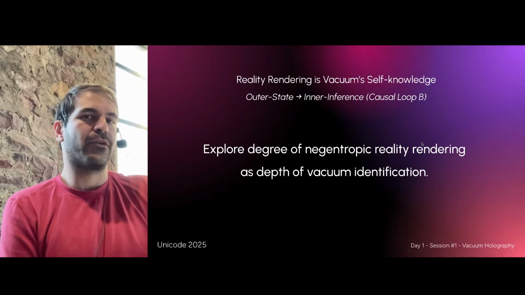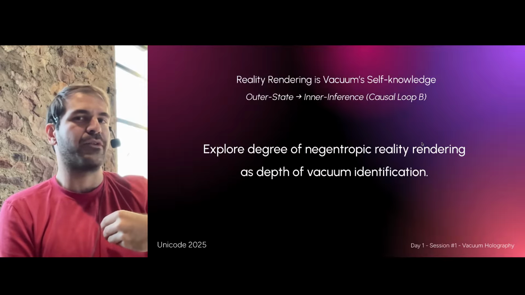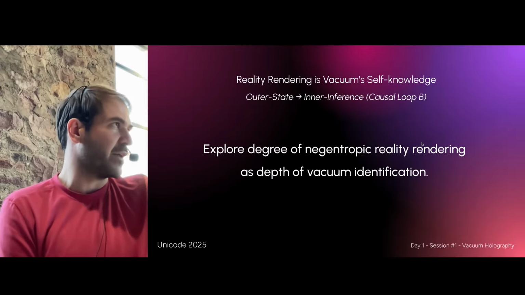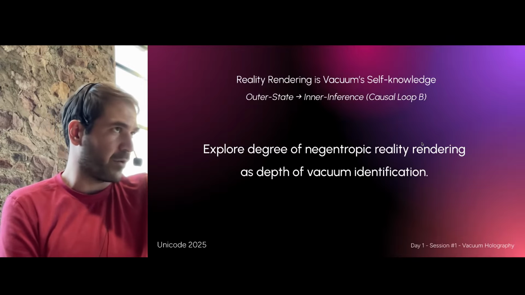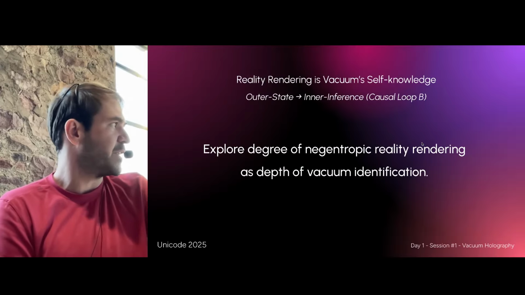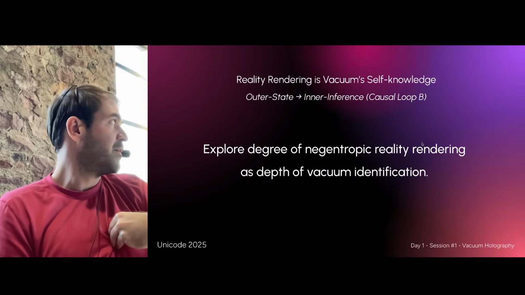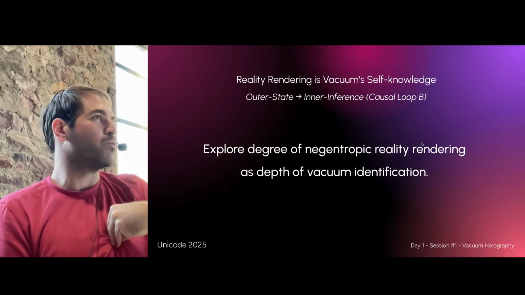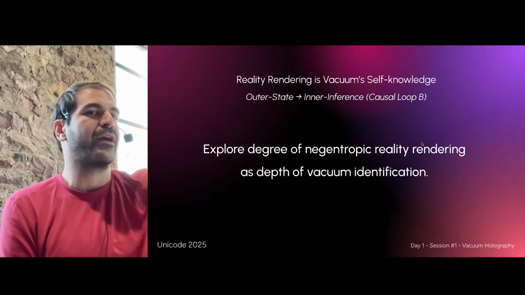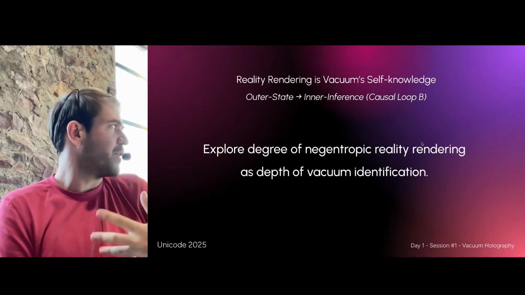And then the inverse of that, exploring reality rendering being vacuum self-knowledge, so coming from the outer state of its electromagnetic radiation, its words, its music that it's singing as that gravitational portal, we're going to make an inner inference. So that's causal loop B, which is exploring the degree of negentropic reality rendering as its depth of vacuum identification.